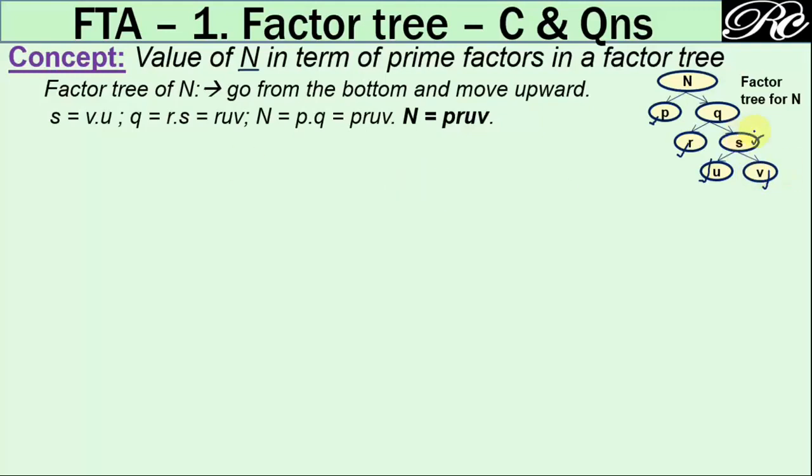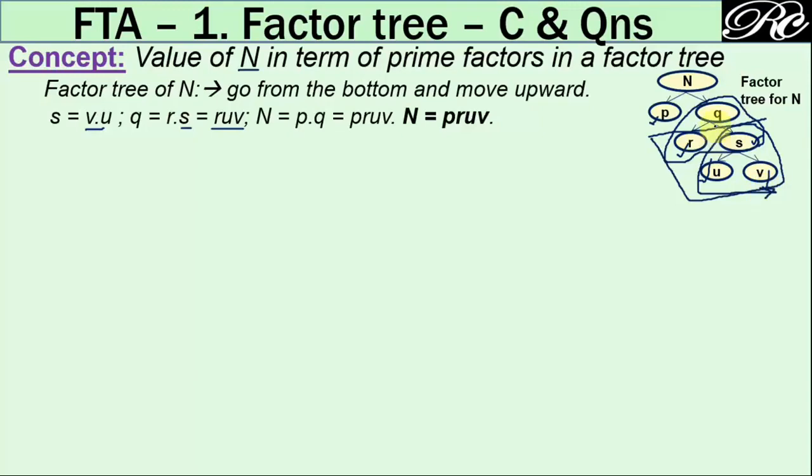So ultimately s can be calculated as the product of u and v, and q can be calculated as the product of r and s. Then n can be calculated as the product of p and q. Ultimately if we take q, it is the product of r and s, but s itself is the product of u and v. So substituting, we get q is r u v. Meaning q is the product of the prime factors below it.